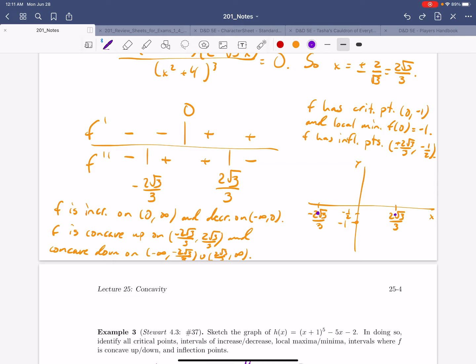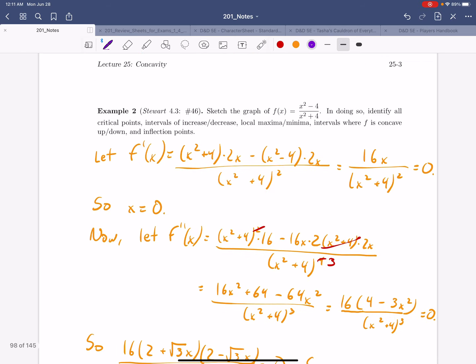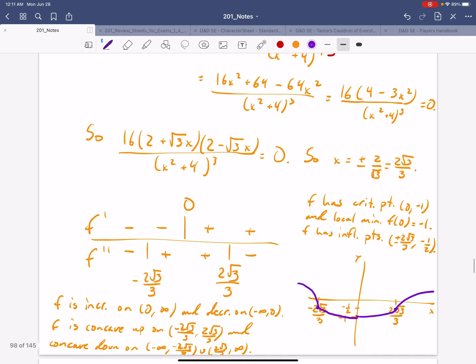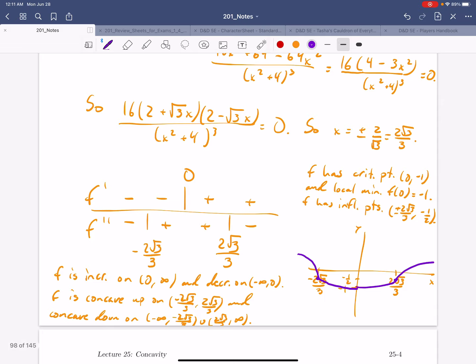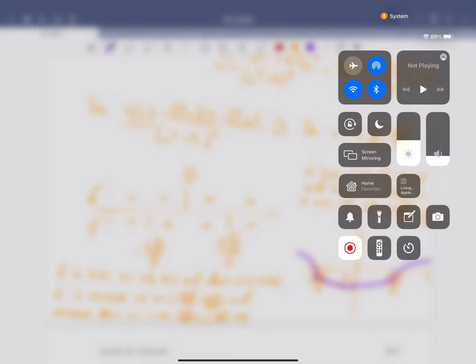Actually, if we're going to be a little more careful, it actually does something like this, as it turns out. To do that, try to look at the horizontal asymptote, the limit as x approaches infinity or negative infinity. But this is a tricky graph. Again, a little bit longer than I'd ask for on an exam or a quiz, but definitely a good one to practice. Thanks for watching.